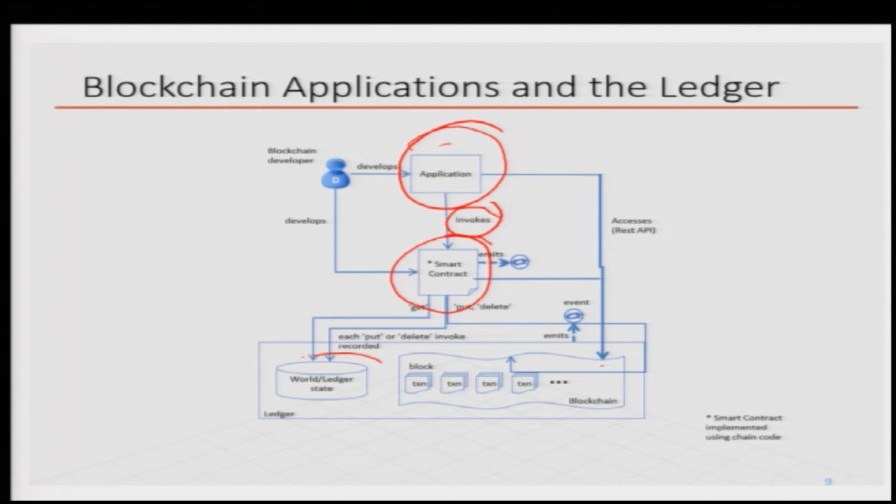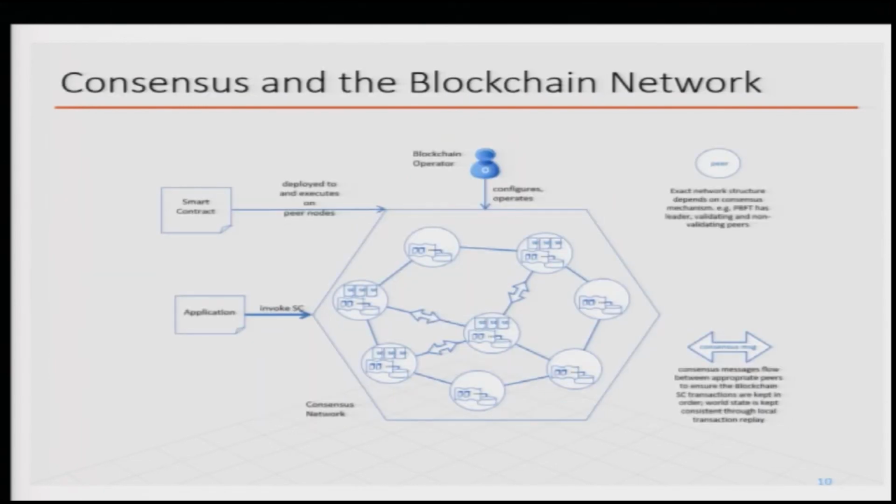And then there is the state of the ledger, which is a separate database, but everybody has a replica of the blockchain and this state information at all the different nodes, and that is how the entire system is configured. So when we come back, we will talk more about the functioning of this blockchain.